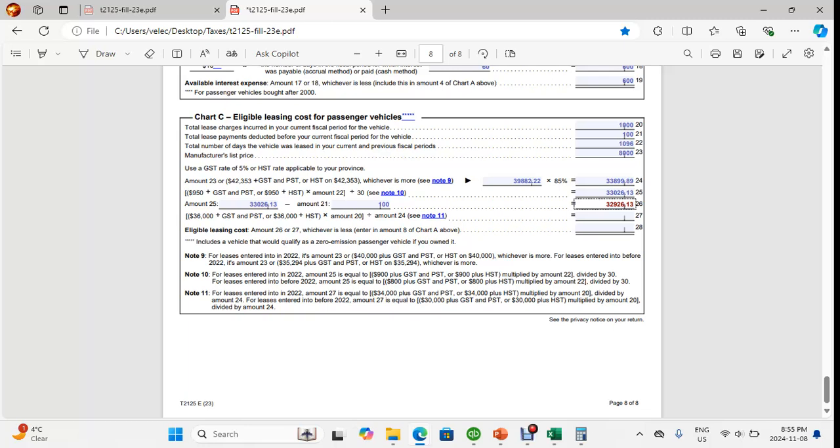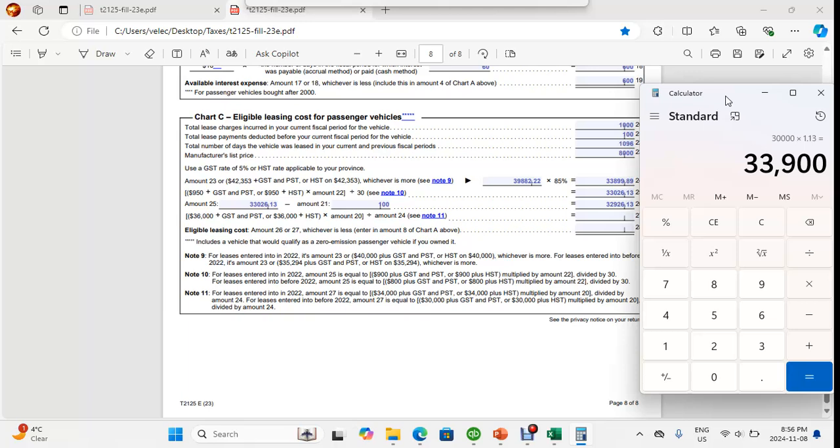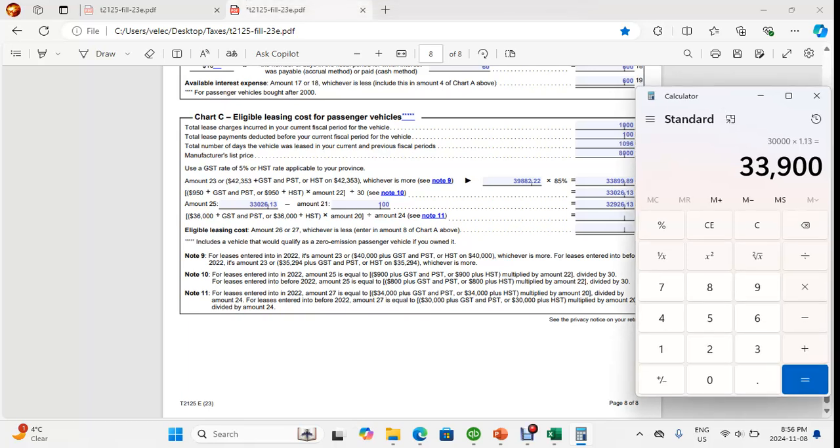Next you have note 11 for this line. Note 11 says for leases entered into before 2022, amount 27 is equal to 30,000 plus HST multiplied by amount 20 divided by amount 24. So over here you have $30,000 times 1.13, which is roughly 33,900, multiplied by amount 20 and divided by amount 24.